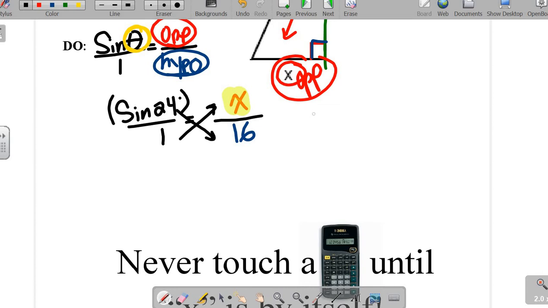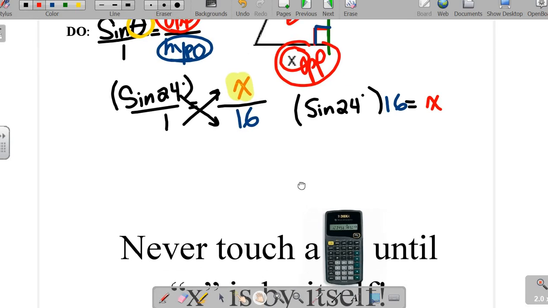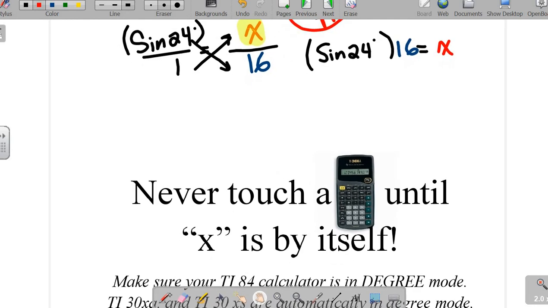And we get sine of 24, keep parentheses around that, times 16 equals our x. Super important. You never, ever touch a calculator until your x is completely isolated. So our x is going to equal sine 24 times 16.